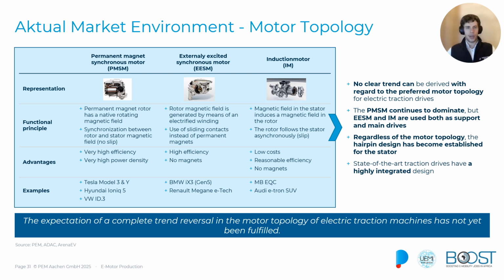The PMSM continues to dominate, but the EESM and the induction motor are used both as support and main drives. Regardless of the motor topology, the hairpin design has become established. How a hairpin stator looks like and how it is produced will be part of the next module of this course, so stay tuned.